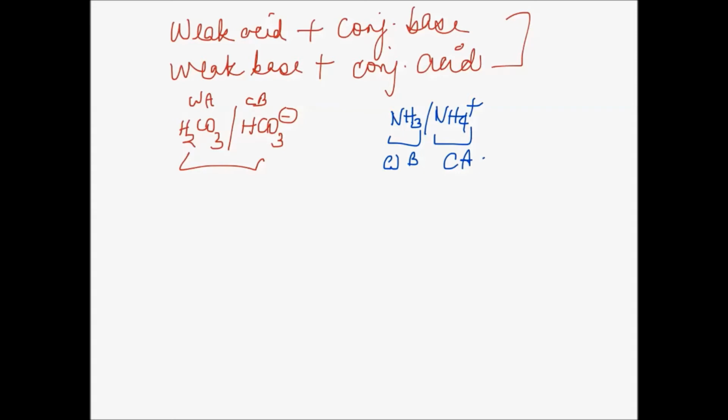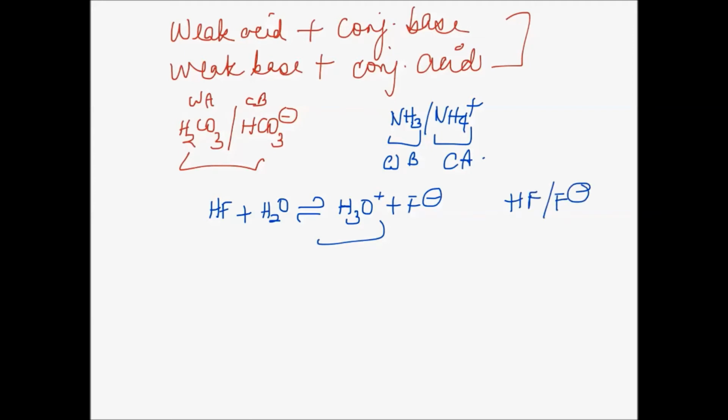Let's say you have HF. When you put HF in water, you're going to get a little bit of hydronium ion and you're going to get F minus, but it's not 100% dissociation because it's a weak acid, right? So my HF/F minus system doesn't necessarily have a boatload of F minus.